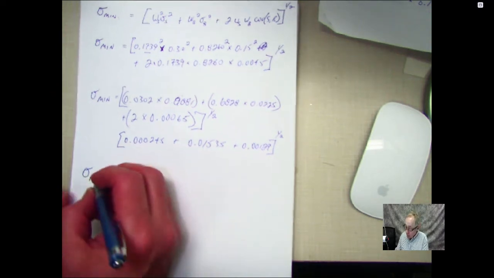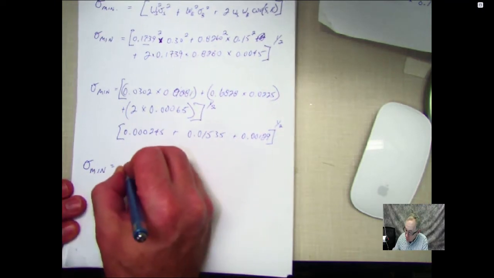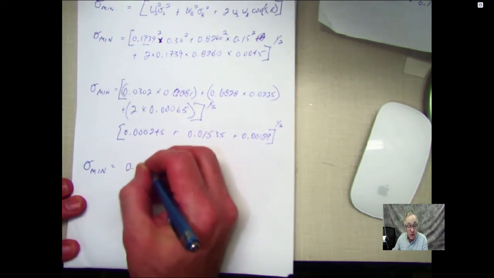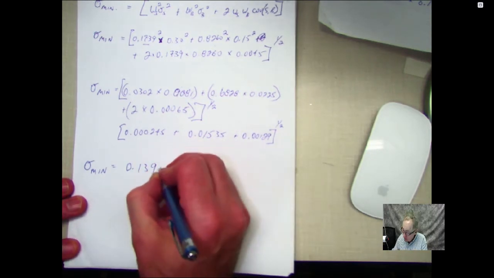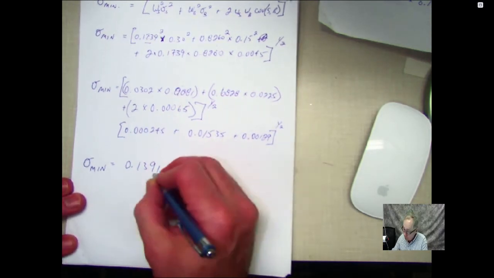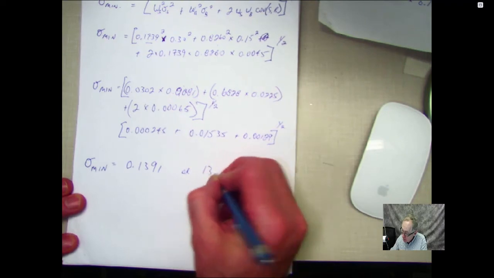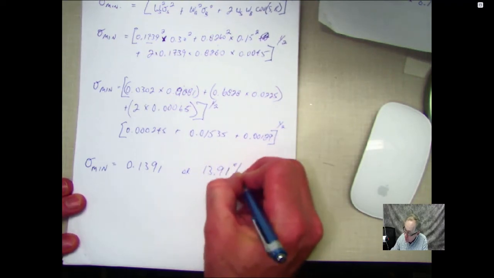So our standard deviation for the minimum portfolio should then simplify to 0.13917 or 13.91%. Conclusion?